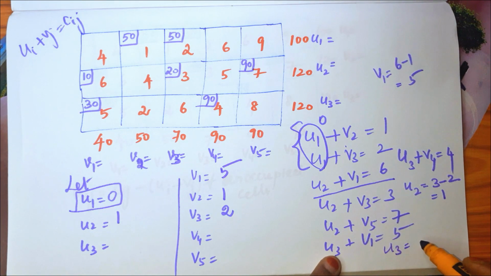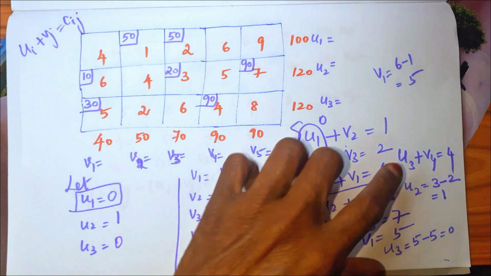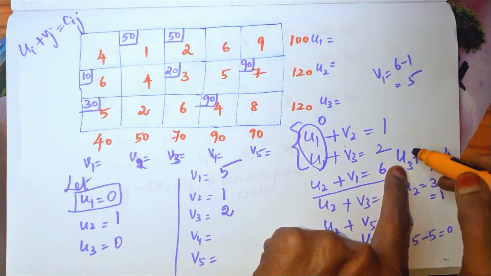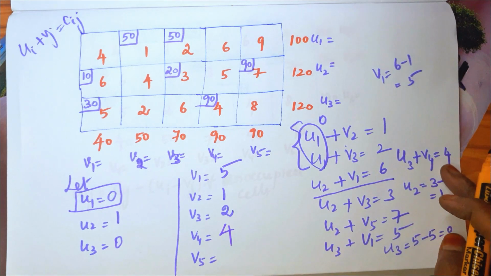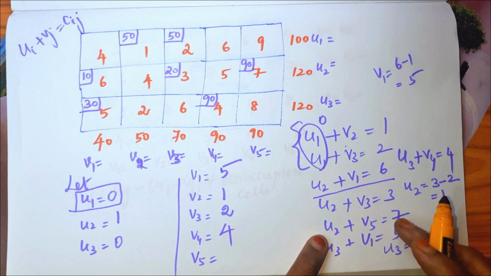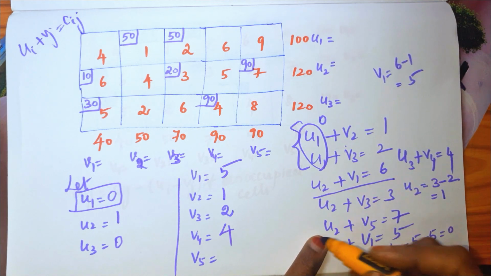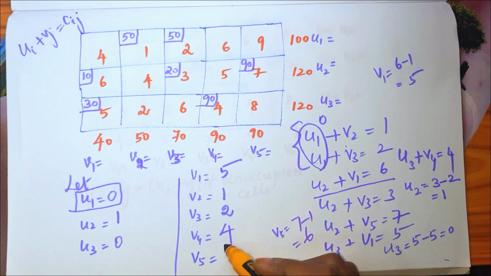U3 is equal to 5 minus V1, which is 5, so 0. So U3 equal to 0. After getting U3, I can substitute here. U3 0 means V4 equal to 4. After getting that, come to V5. U2 is 1, V5 is equal to 7 minus 1, which is 6.